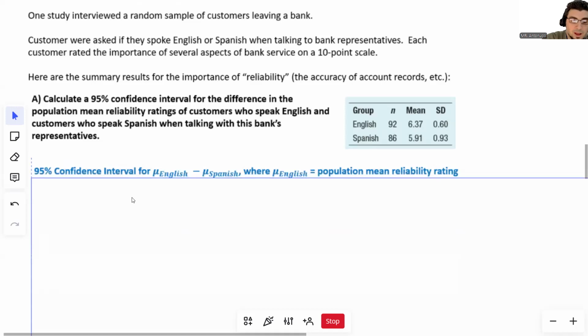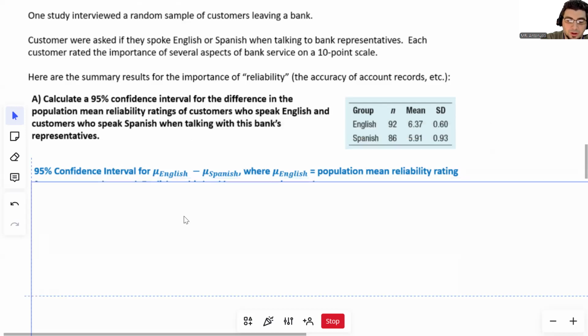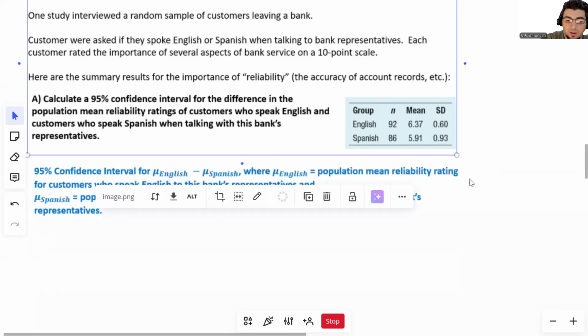So to construct a 95% confidence interval for the mean difference between English and Spanish, it's important that you indicate the direction of the subtraction and then identify the parameters involved here.